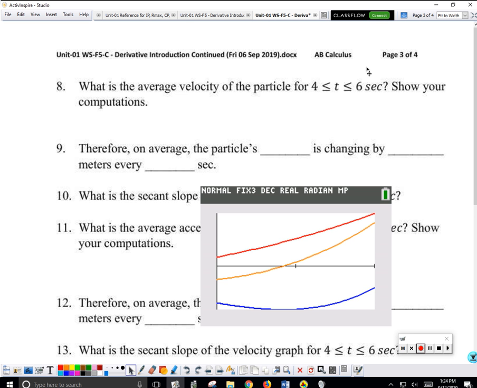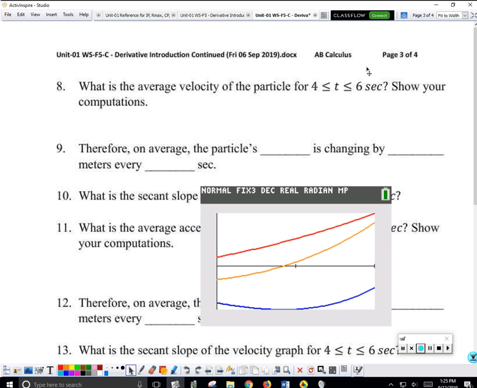Lydia, read the name. Thank you. Very nice. Clever. Perfect. So average velocity is the average rate of change of position, the average rate at which the position is changing.